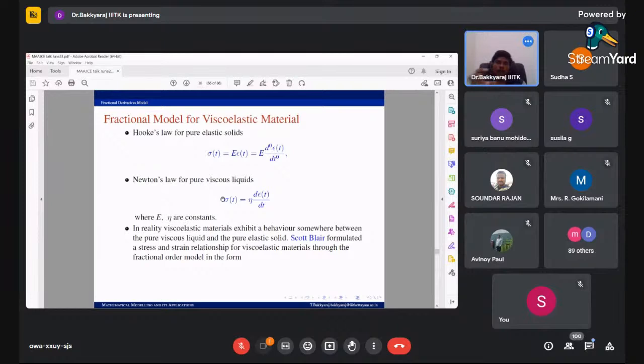So now for this type of material, for the stress strain relationship of viscoelastic material, people started using fractional derivative models. For example, this is a very basic model, and there are a lot of generalizations for this viscoelastic material.